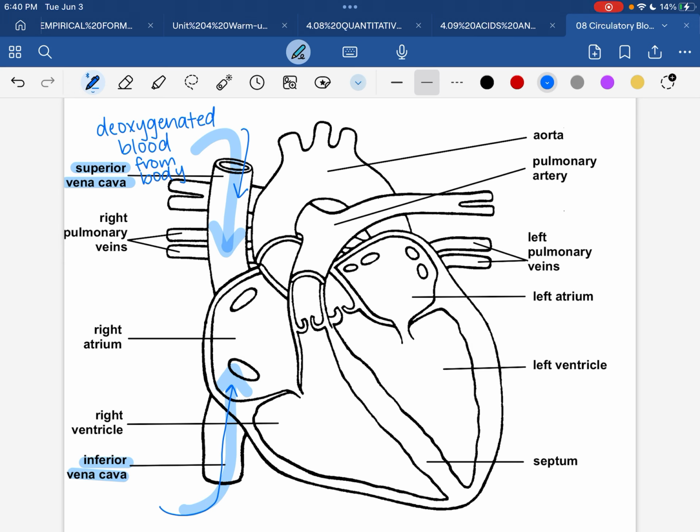So that enters into the heart through both vena cavas, and it enters into the right atrium. That is another word that you'll need to know.